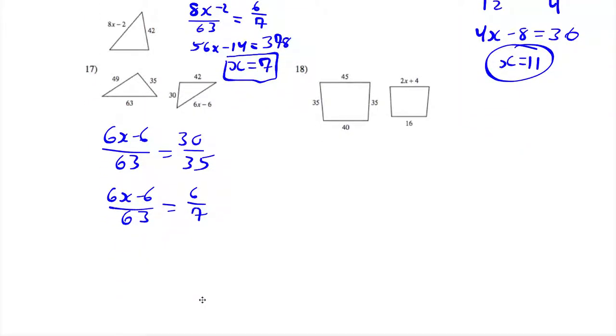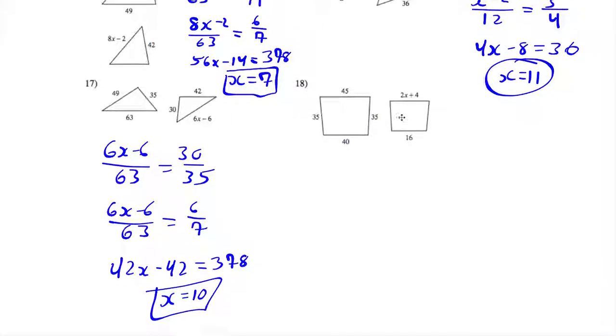I can scroll down here. So 7 times 6 is going to be our 42. So we get 42x minus 42 is equal to 63 times 6, which is 378. So with that 378, we can add 42 and then divide by 42 to get that x is equal to 10.